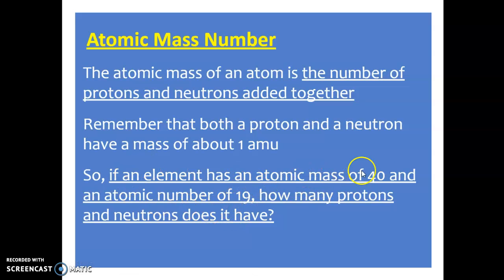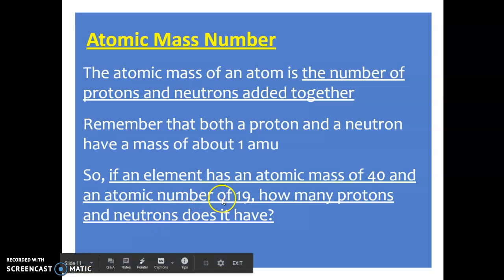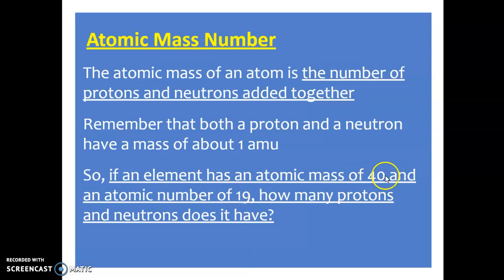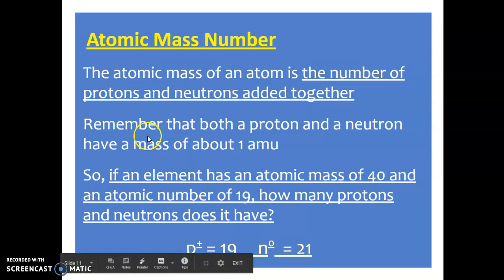So you got atomic mass is 40, atomic number is 19. 19 protons, because the atomic number is the same as the number of protons. All right, so then it asks, what about neutrons? Well, then you have to take the 40, because this is protons and neutrons, and this is just protons, and subtract them to get your answer. So 40 minus 19 gives you 21. So you have 19 protons and you have 21 neutrons.